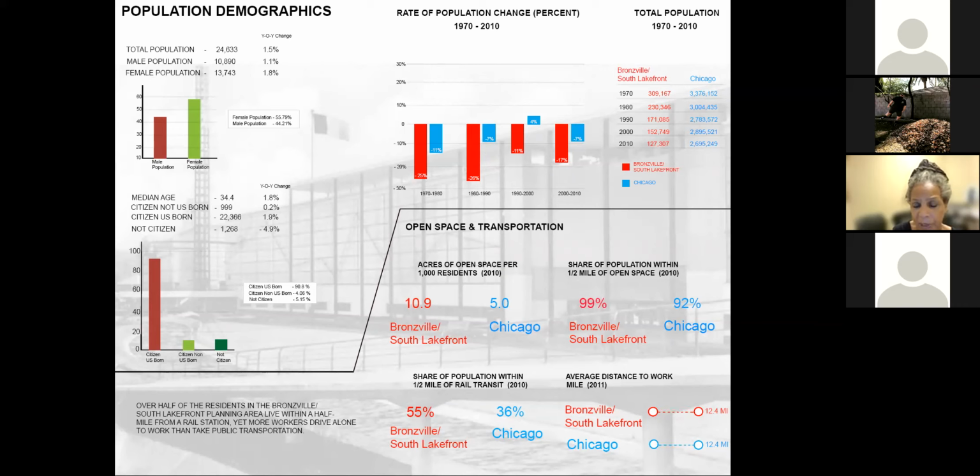And the population actually peaked up into the 1950s and has gradually dropped off because of the lifting of housing restrictive covenants that pretty much kept Blacks confined to certain zip codes, including Bronzeville. And because of the lifting of that covenant, as well as the tearing down of the Robert Taylor public housing complex and several others, that was the reason for the dramatic decrease in the African-American community.